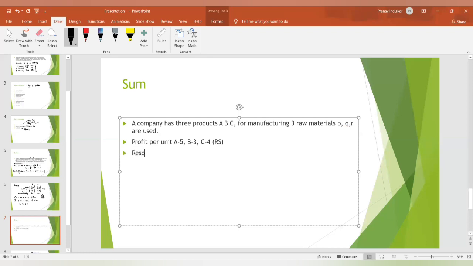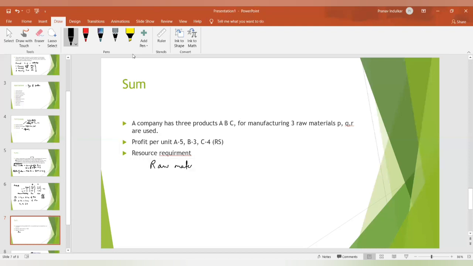Okay, now the resource requirement. I'm writing it down, making the table directly. So one is raw material. Next is product.